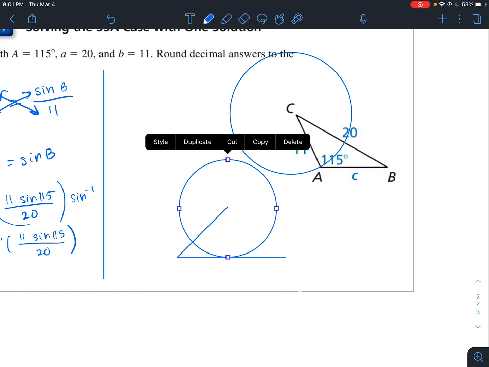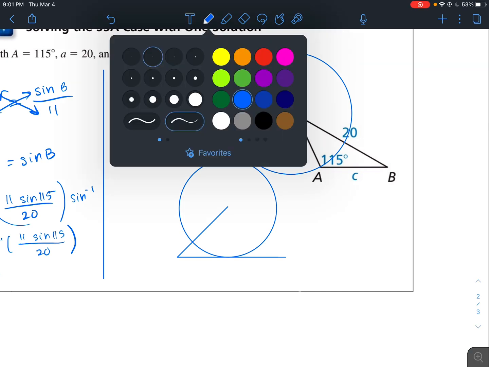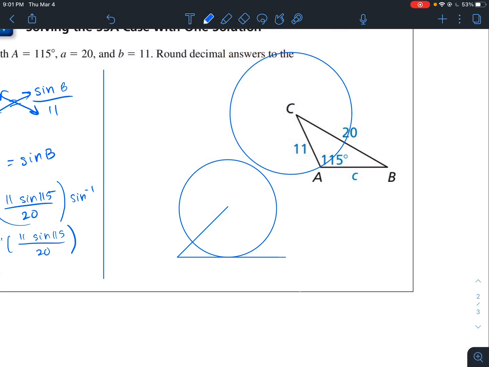If I try and make an obtuse triangle here, notice that I can't make a triangle unless it's perpendicular right there. That's the only length. So basically, if this side right here ends up being shorter than this length right here that makes it 90 degrees, then I don't end up with a triangle.